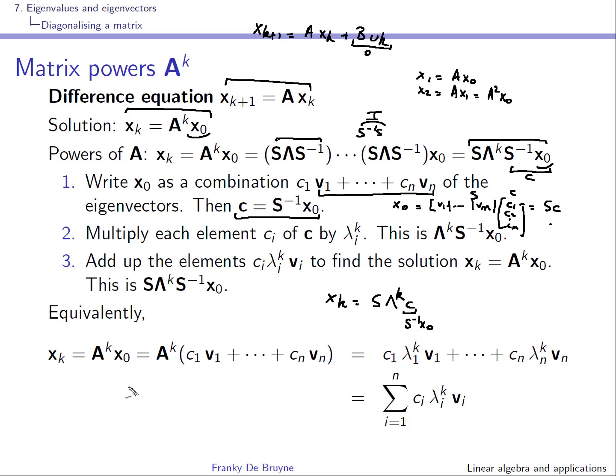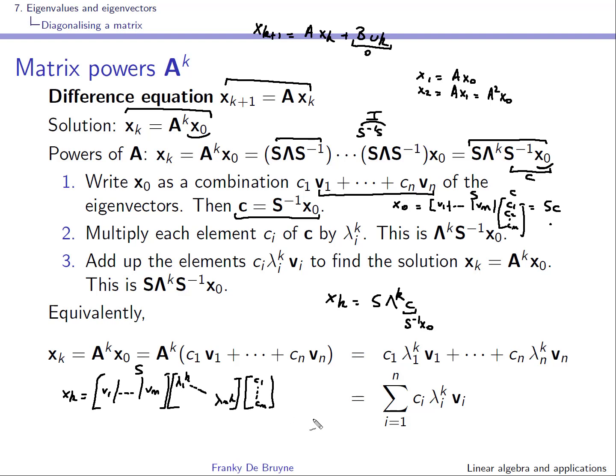So if we look in terms of matrices, xk is v1 up to vn, this is S. The diagonal matrix is lambda 1 to the k up to lambda n to the k, and c is c1 up to cn.